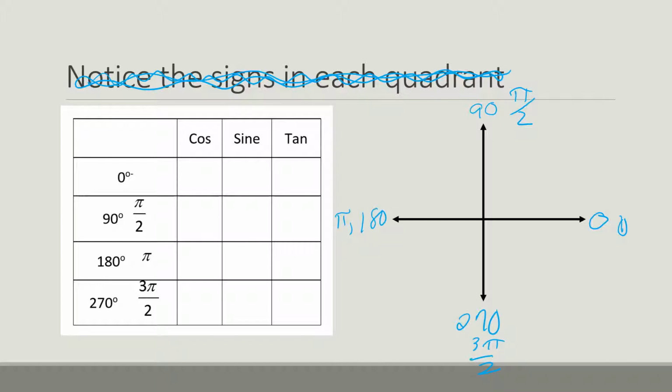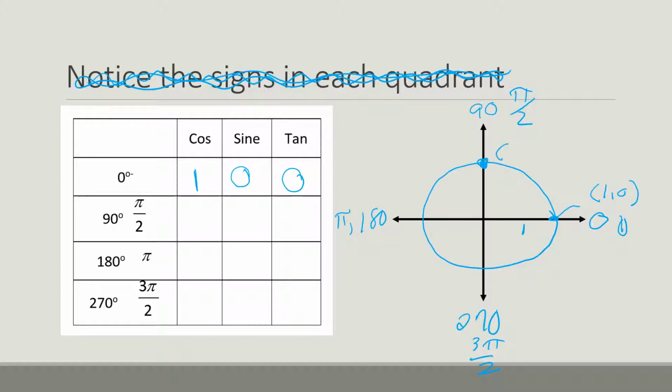Okay. So in my unit circle, if this is 1, then my ordered pair is 1, 0. So if my cosine is x, it's 1. My sine is 0. Tangent is sine over cosine, or 0.